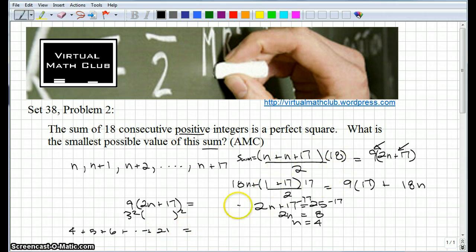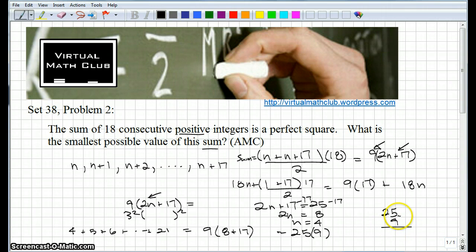Well, we could just substitute it back in here, because this was the sum, right? So this 9 times 2n plus 17. So let's just do that. 2n is 8 plus 17. Now obviously that's 25 times 9. So what's 25 times 9?